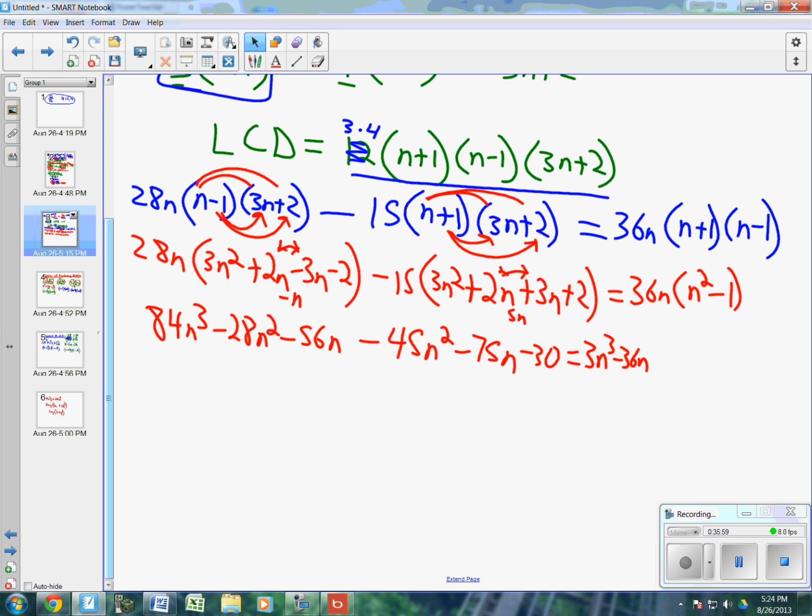So we're going to get everything on one side. I have 36n cubed over here on the right side. So if I minus a 36n cubed and add 36n to both sides, that means minus 36n cubed, and add 36n.